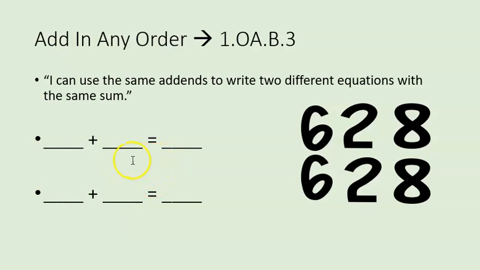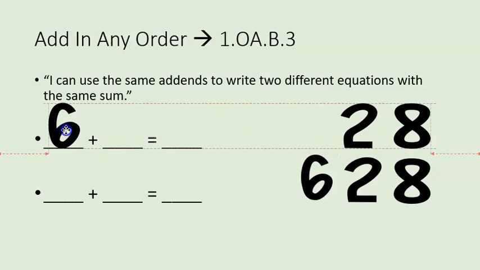Watch, let me show you. Okay, we have 6, 2, and 8. Which number is the biggest, boys and girls? Eight. 8 is the bigger number, okay? Out of these three numbers. So here's what we're going to do. Watch Mr. Begay. I'm going to get 6.